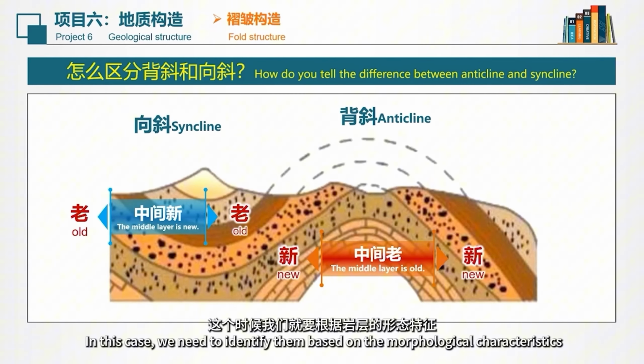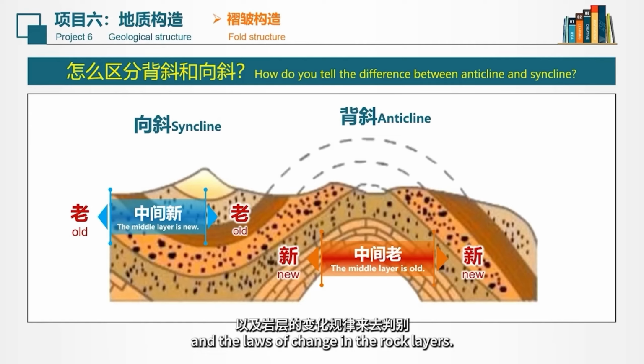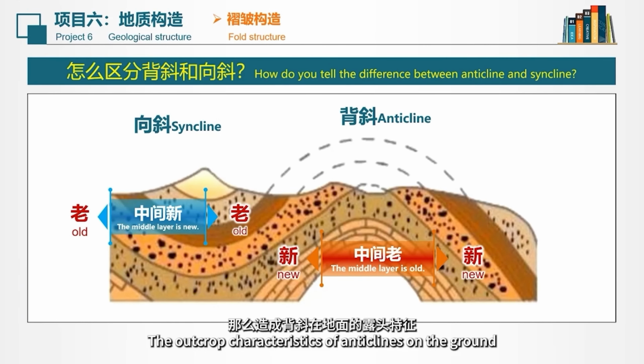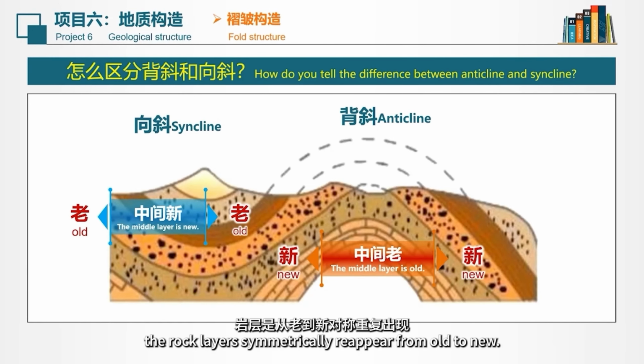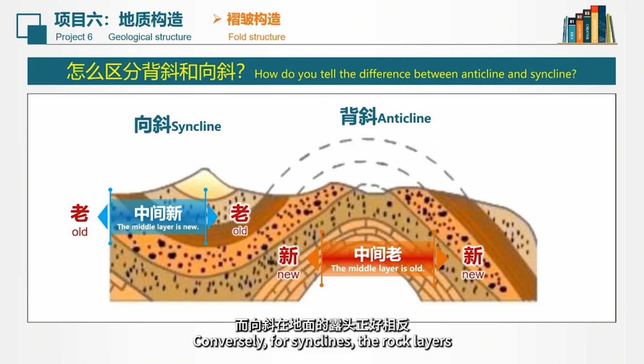In this case, we need to identify them based on the morphological characteristics and the laws of change in the rock layers. The outcrop characteristics of anticlines on the ground are that from the center to both sides, the rock layers symmetrically reappear from old to new. Conversely, for synclines, the rock layers, from the center to both sides, symmetrically reappear from new to old.